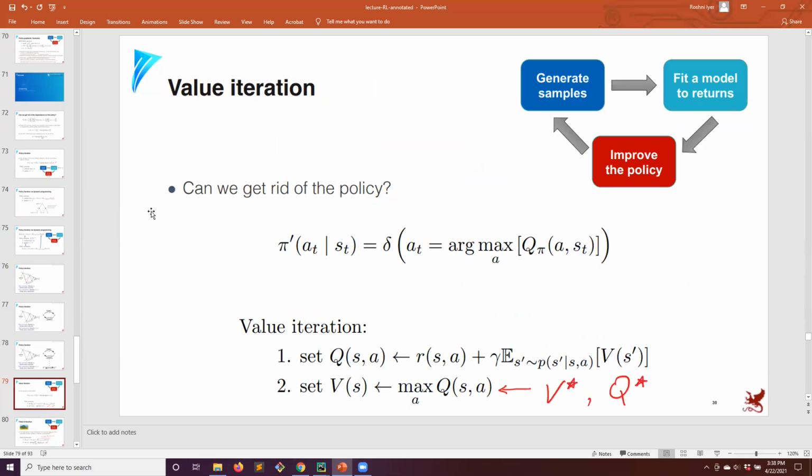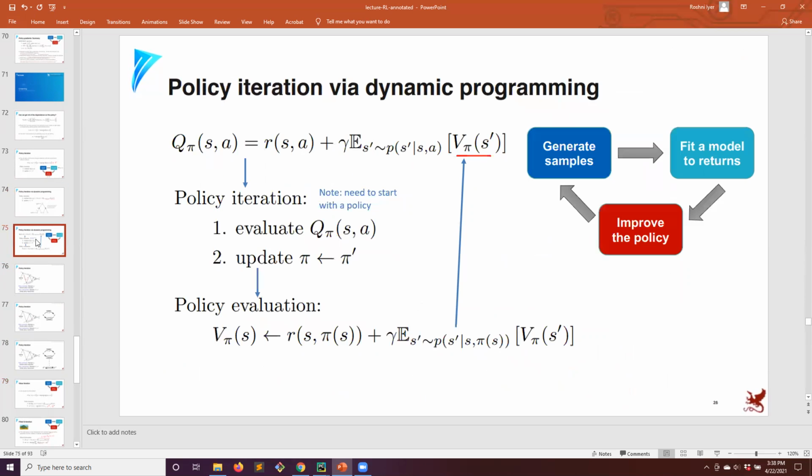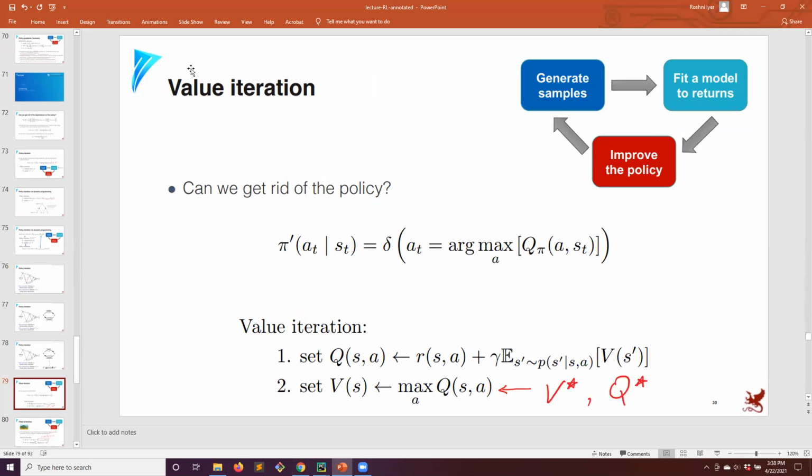Now this still goes back to the original question where we had this dependency on the policy. How can we get rid of this dependency? That's when we talk about value iteration. And remember this equation from previously, where we can get this policy by applying this delta function of the argmax of this Q function.